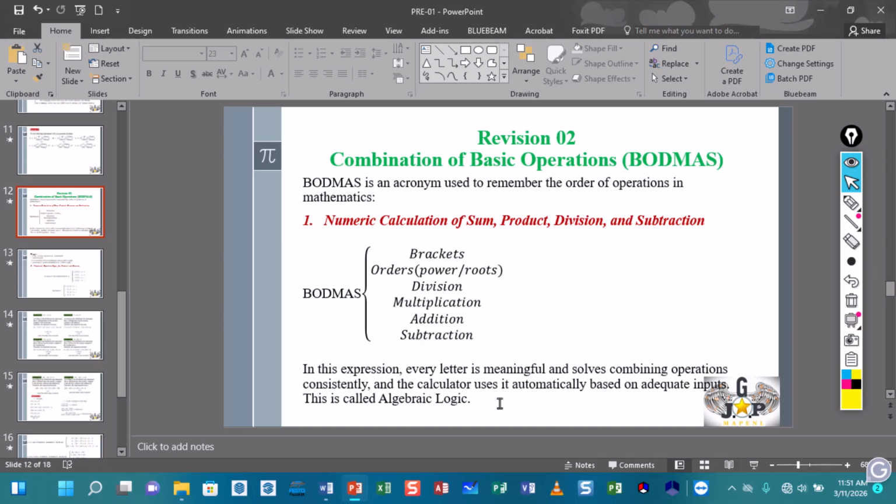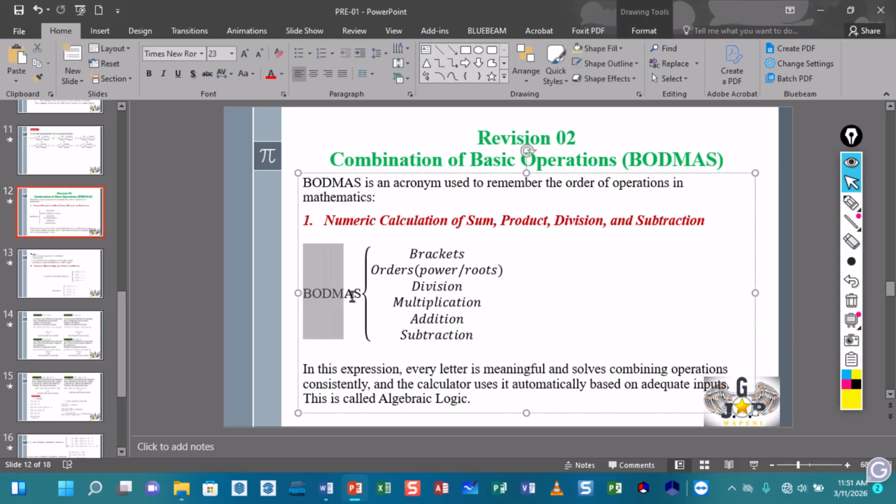It is the intelligence combined with your brain to give you the expected output. But if your input is wrong, if you put a wrong digit at the wrong place, or a wrong operation at the wrong place, or you hit the wrong key, it will give you a wrong output. And if you don't respect this BODMAS, even on your calculator, it will give you a wrong solution.